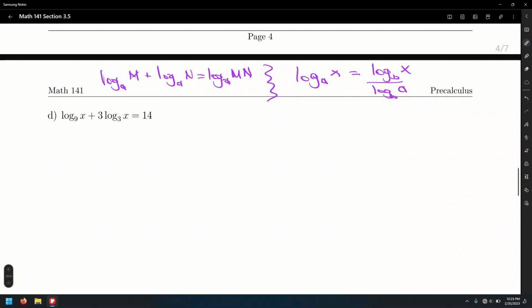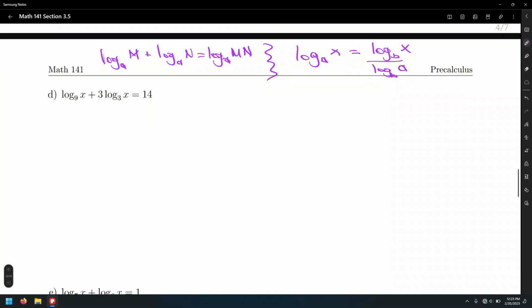However, I would like to take advantage of the fact that these bases 9 and 3 are related by the fact that 9 is a power of 3. So I'm going to leave this second term untouched, and I'm just going to work on the first term. What I'm going to do here is rewrite log base 9 as an equivalent expression on a base 3 instead, so we can combine them all together.